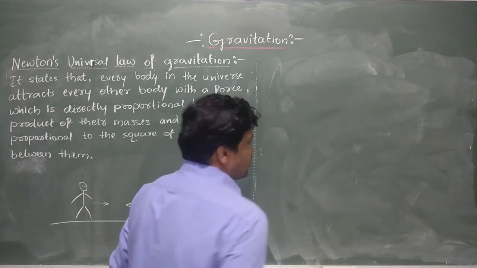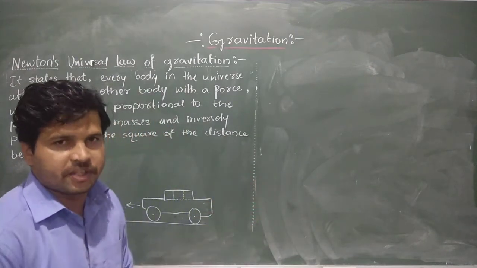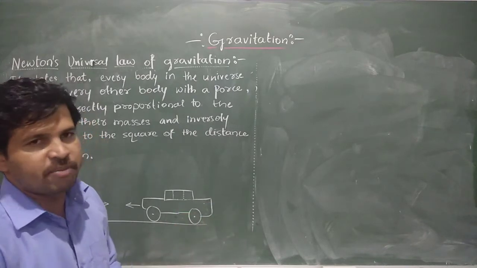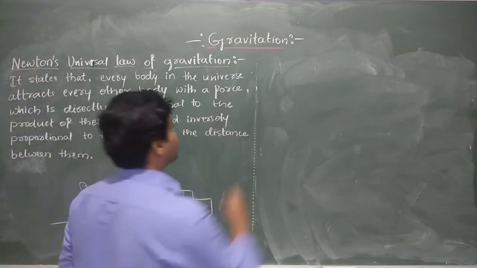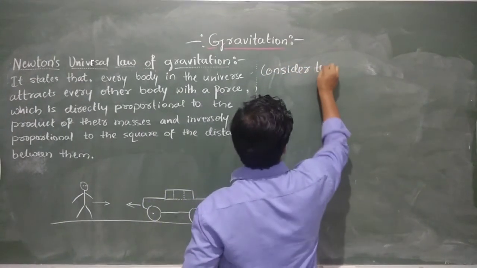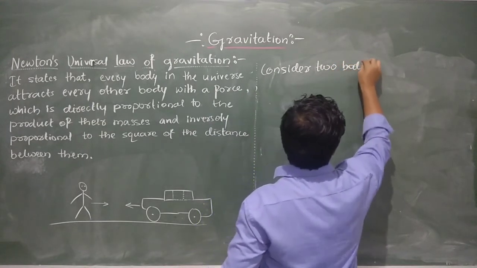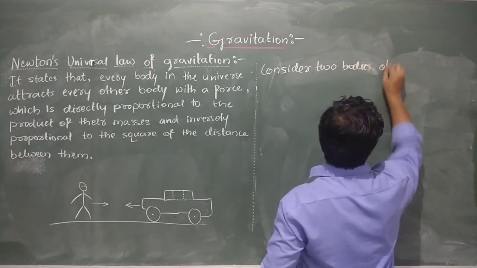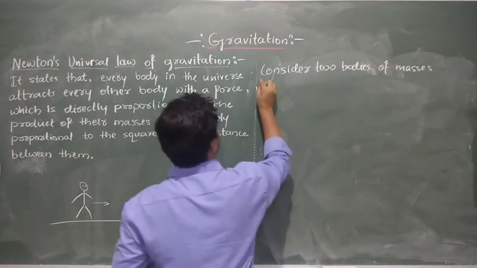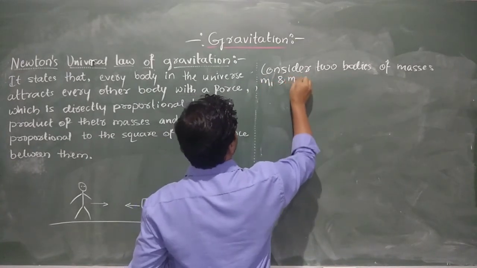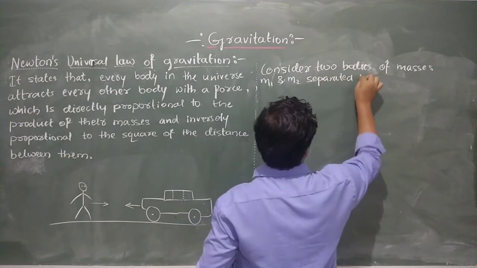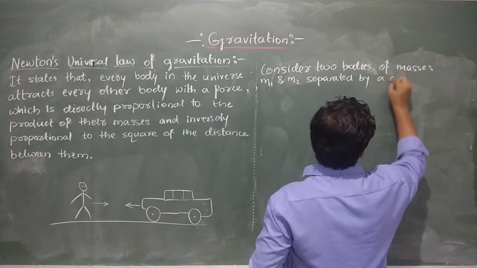Let us write Newton's law of gravitation in the form of an equation. To do that, we have to consider two bodies of masses m1 and m2 separated by a distance r.